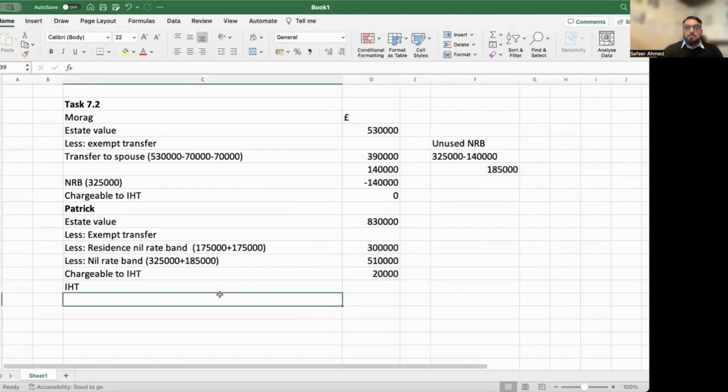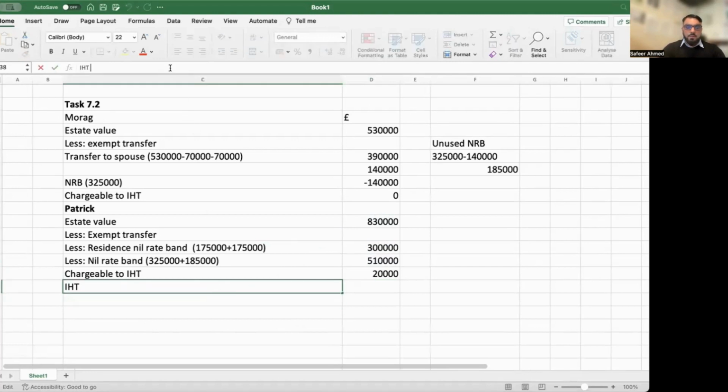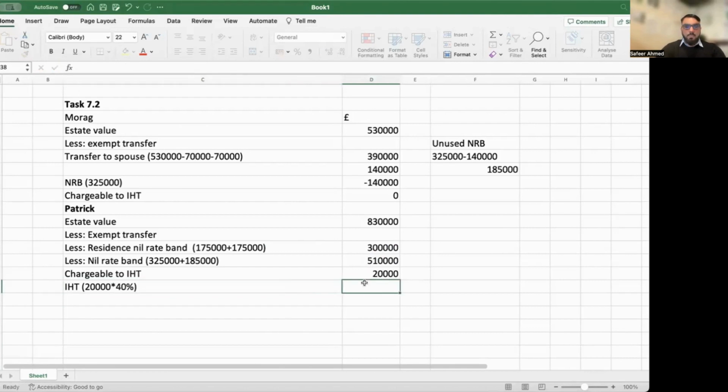And remember, the inheritance tax rate on a death estate is 40%. So inheritance tax is 20,000 times 40%, in other words 40% of that amount.